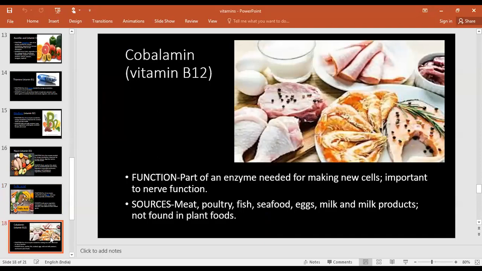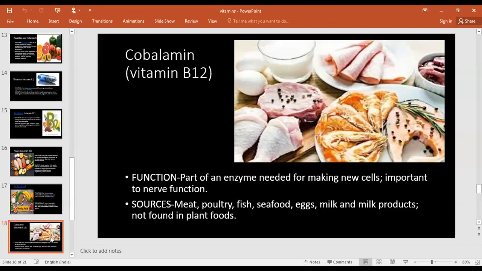Cobalamin, also known as cyanocobalamin. Okay, that is vitamin B12. Again, the function is for making of new cells. Sources are meat, poultry, fish, seafood, eggs, milk products.